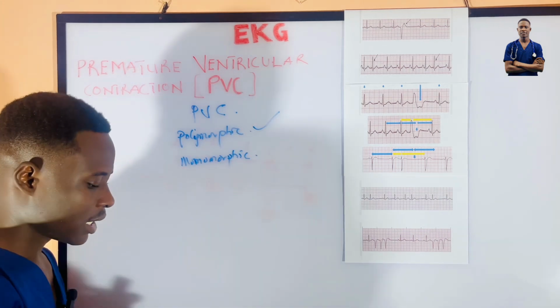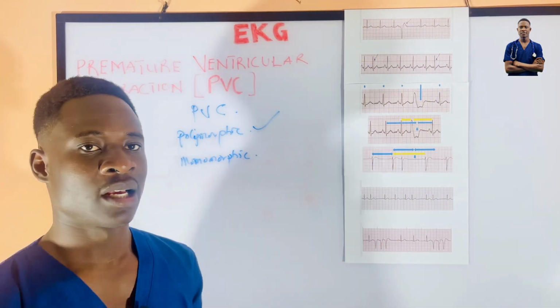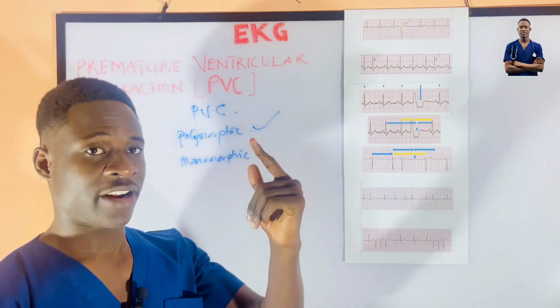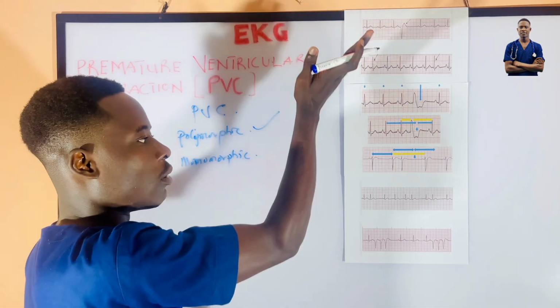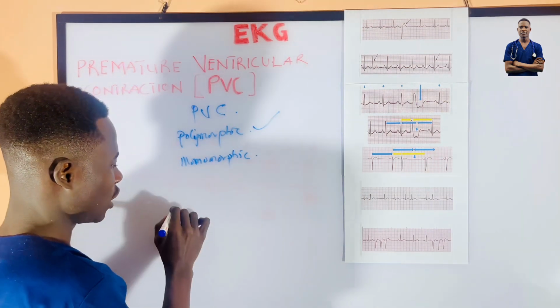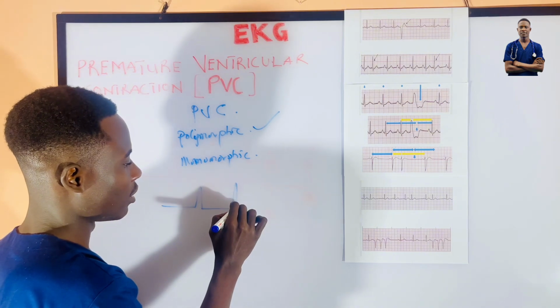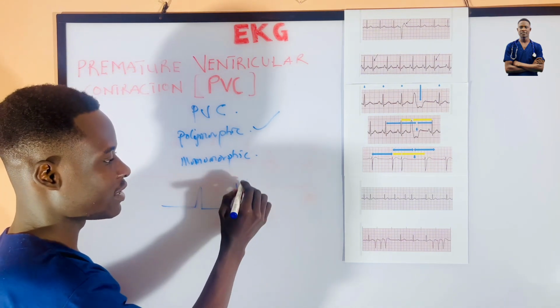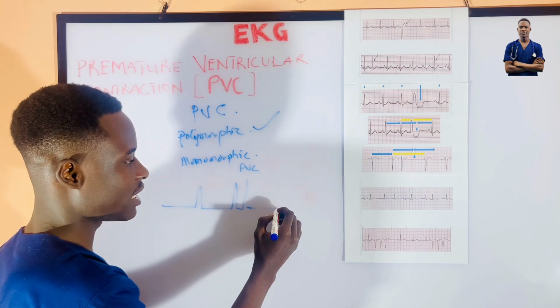Polymorphic means the PVCs generated are not of the same direction. You can get some that are only positive, and some that are negative. So, assuming this is our graph, this is our PVC, first PVC, and then we compensate.